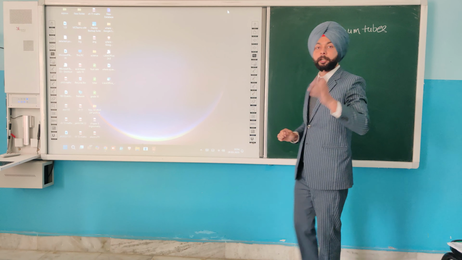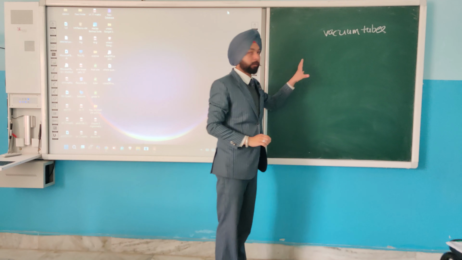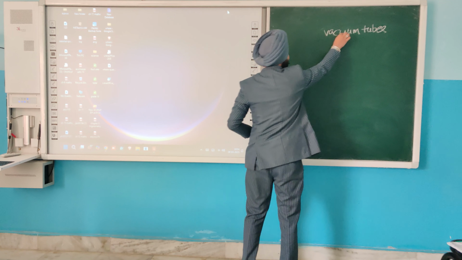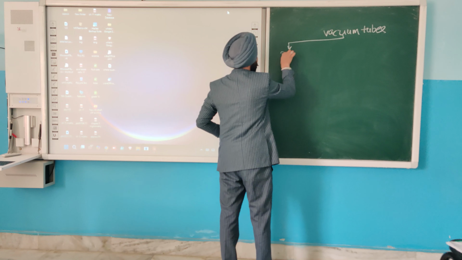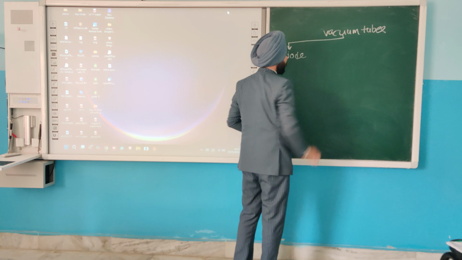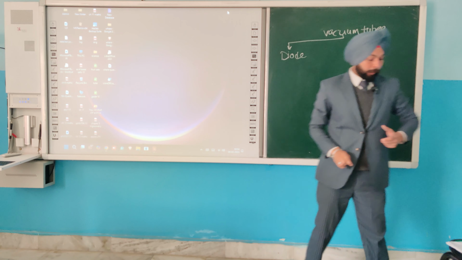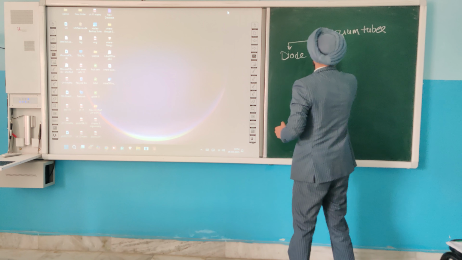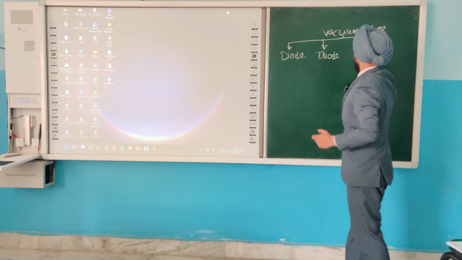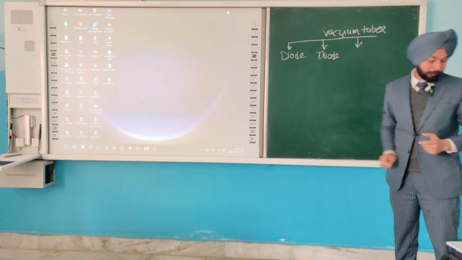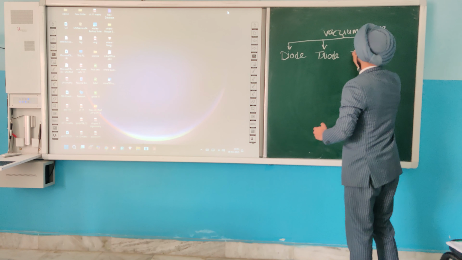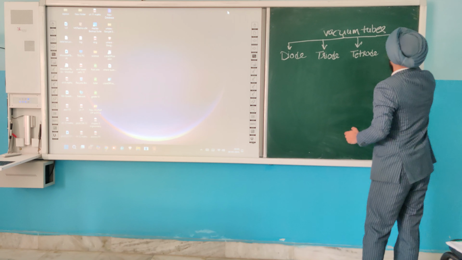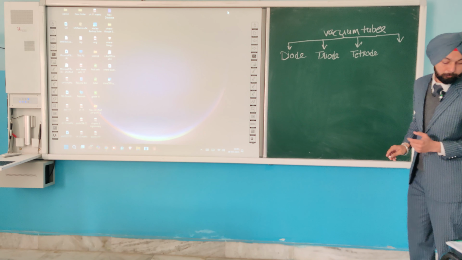Not a deep study of vacuum tubes, just focus on the basic knowledge of vacuum tubes like a diode, triode, the third one is the tetrode, and the fifth one is the pentode.